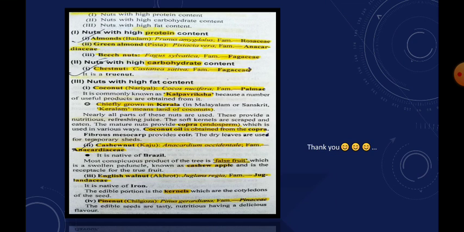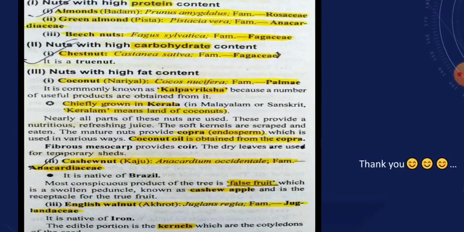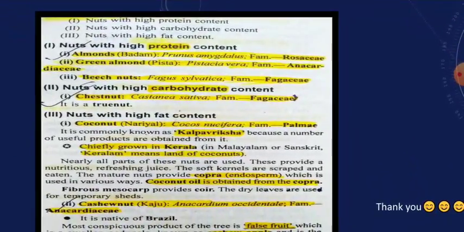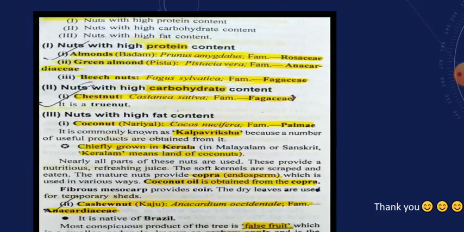So they are categorized on the basis of their protein, carbohydrate, and fat content into three types: nuts with high protein content, nuts with high carbohydrate content, and nuts with high fat content. Let's see which plants or nuts belong to the high protein, carbohydrate, and fat content groups.